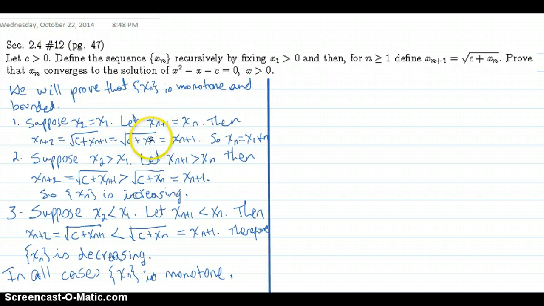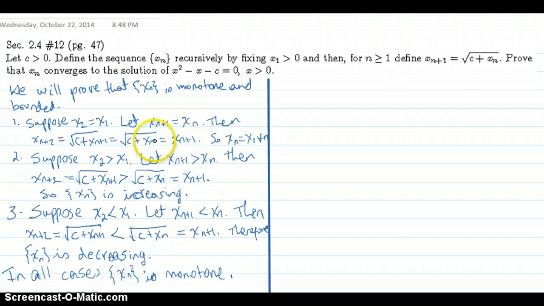And now for the induction hypothesis, let's suppose that x_{n+1} equals x_n. Then x_{n+2}, which by definition is the square root of C plus x_{n+1}, since x_{n+1} is the same as x_n, equals the square root of C plus x_n.